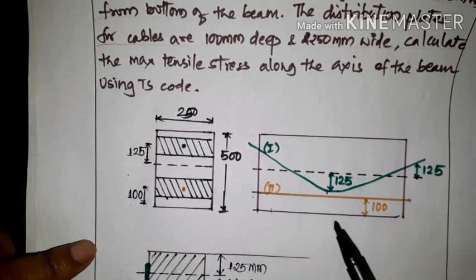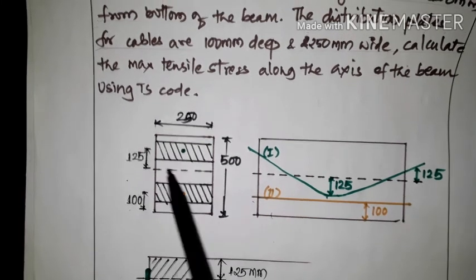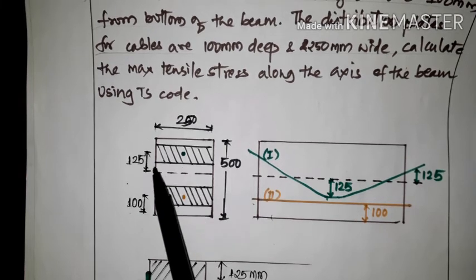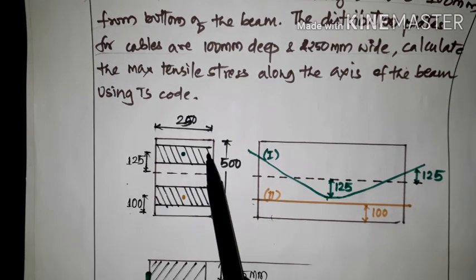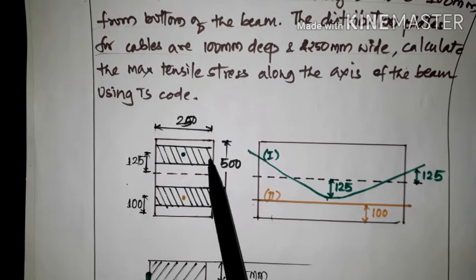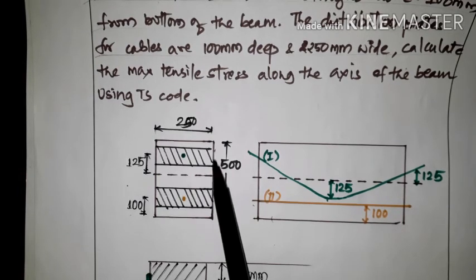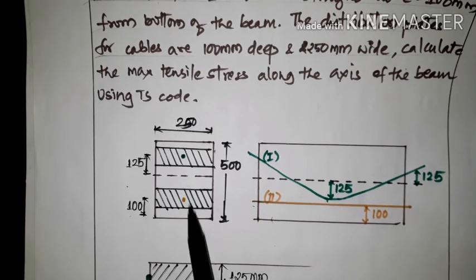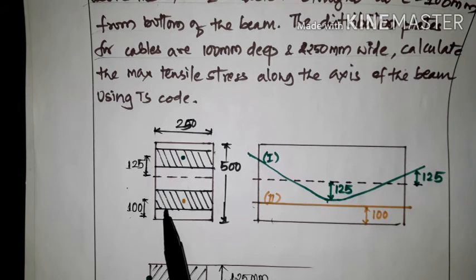Understood? So then here we have the plates. The plate is given as 100 mm in depth and 250 mm wide. So same here for the two different plates for two different cable profiles.